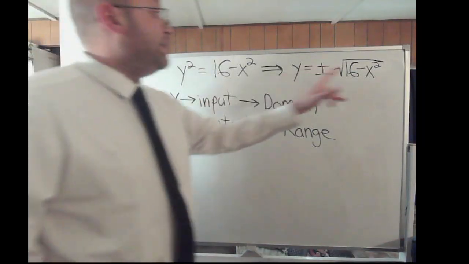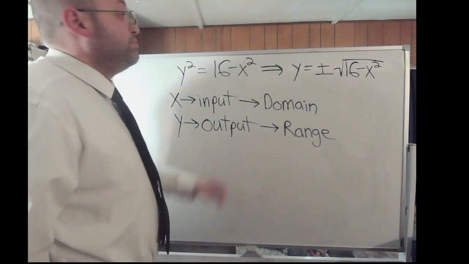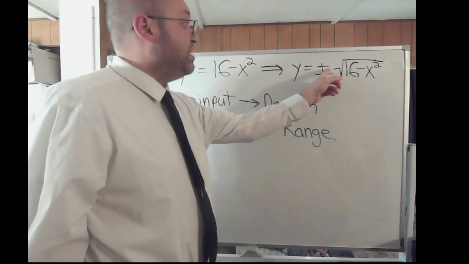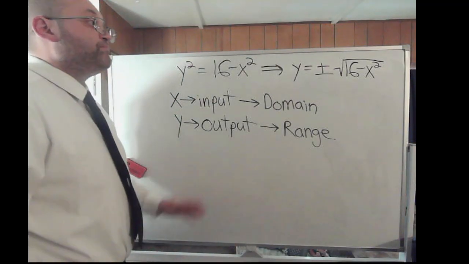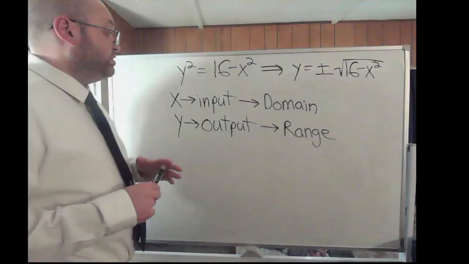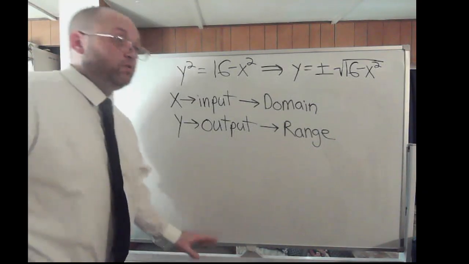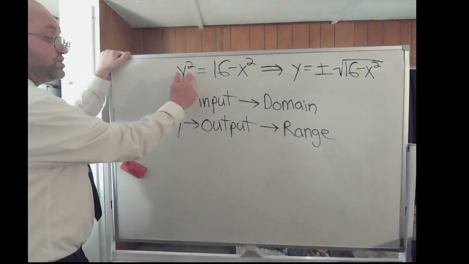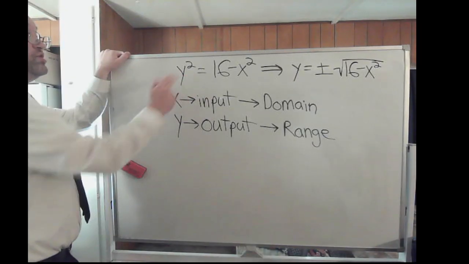Now pick any value you like for x. It doesn't matter which one you're thinking of. Put that in. You're going to get two values for y because you have plus or minus the square root of the right-hand side. So you would get two outputs for one input, or two y values for one x value. Therefore, basically if you see a y squared to begin with, it's not going to be a function.